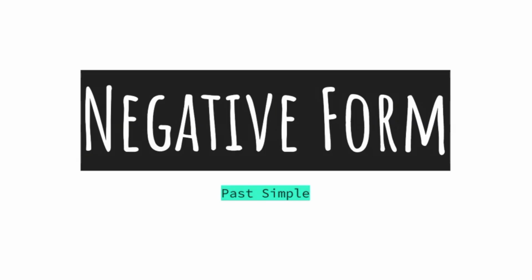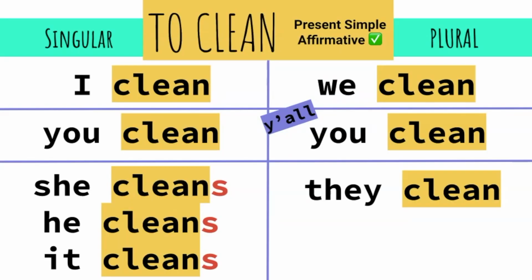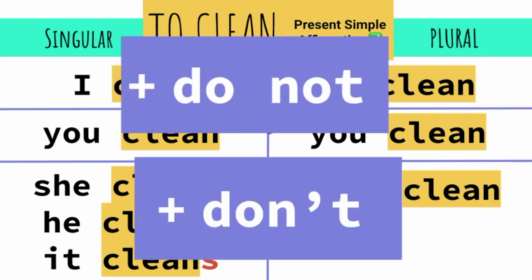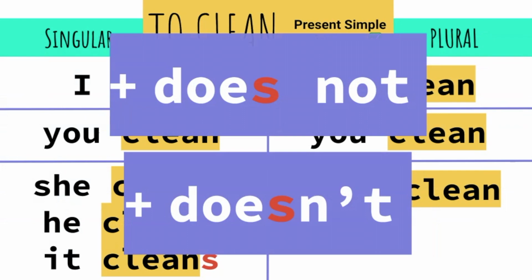Negative, past simple. To make the present simple affirmative negative, we add do not, don't, or does not, doesn't.